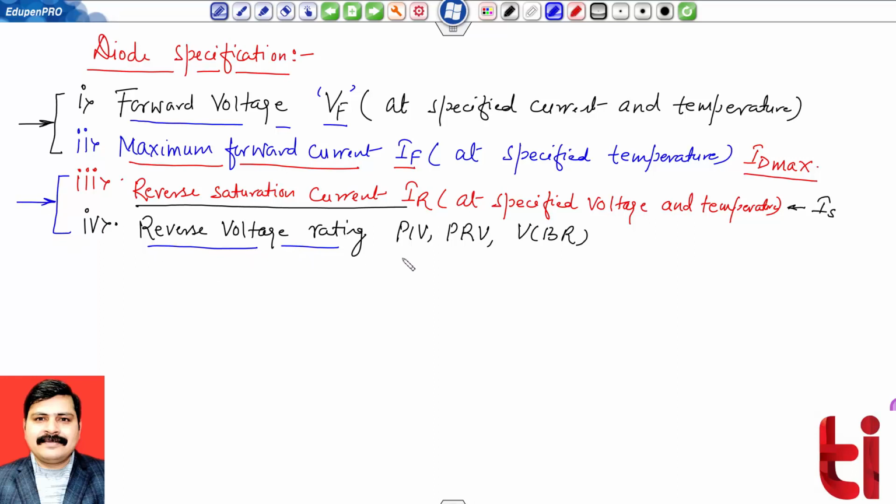Reverse voltage rating over here, this abbreviation PIV stands for peak inverse voltage, and this PRV is also termed as peak reverse voltage, or this VBR is breakdown voltage.